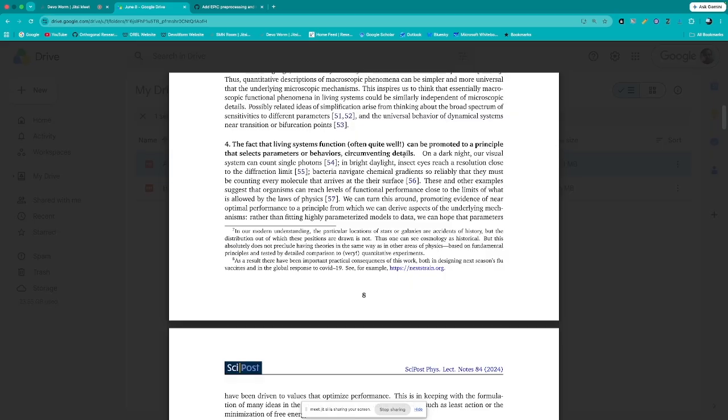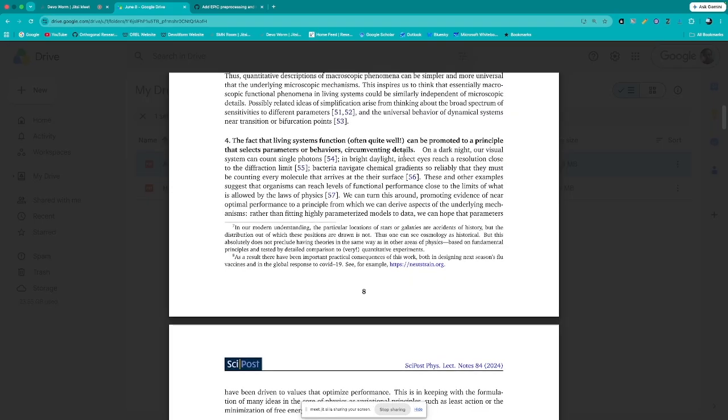If we look at a visual system across different organisms or different types of environments, there are going to be differences in those details and in the parameters that control them. So here he talks about how bacteria navigate chemical gradients. Is it that they're counting every molecule that arrives at their surface, or are they using mechanisms that are more general? These are things we need to think about: how to characterize these processes and how to think about different behaviors selecting different parametric regimes.